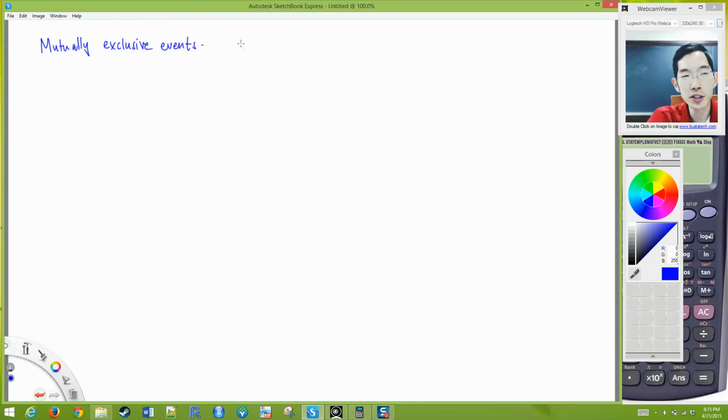And mutually exclusive means if one event happens, the other event cannot happen.